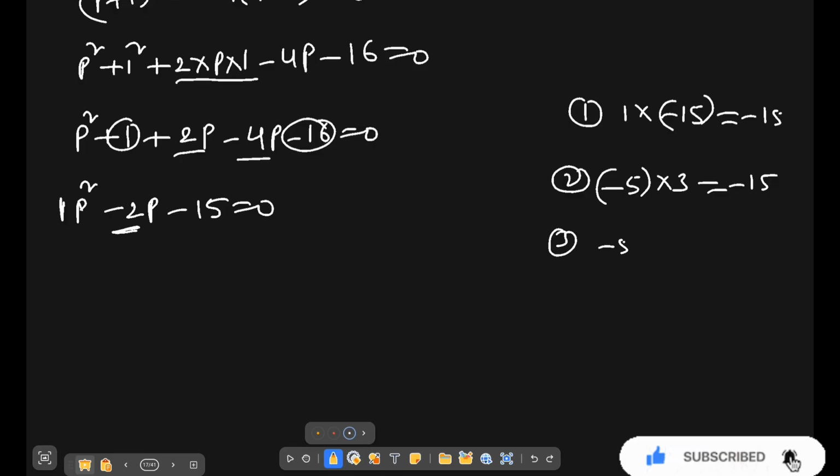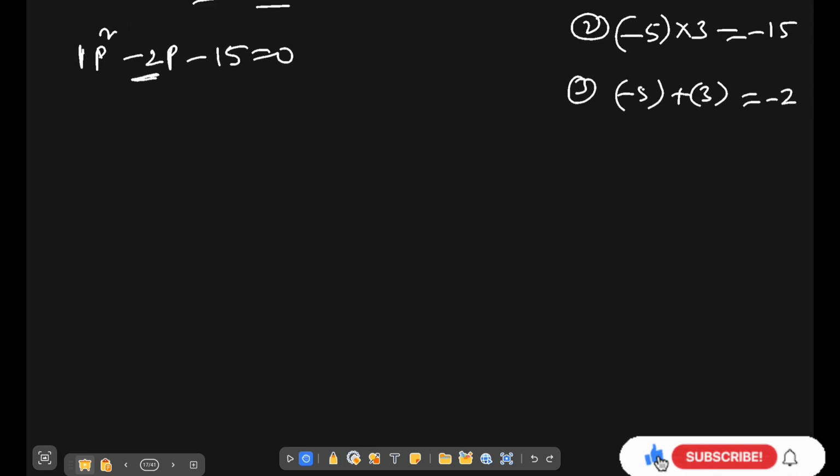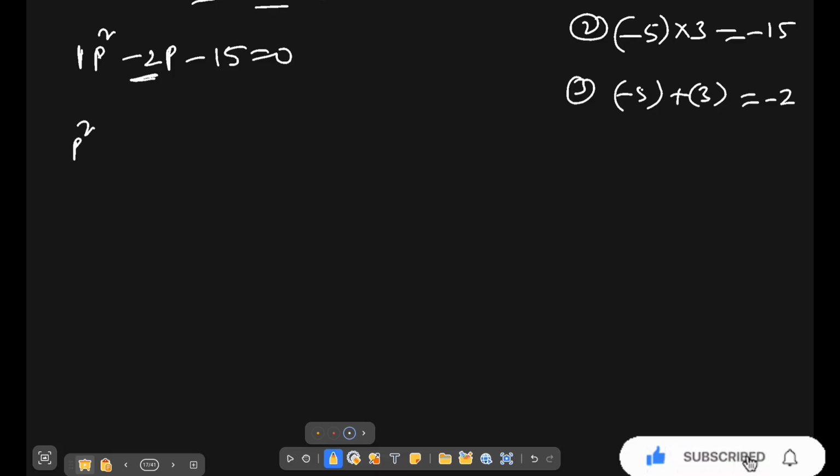Minus 5 plus 3 is equal to minus 2. So let's rewrite the middle term minus 2p as p square minus 5p plus 3p minus 15 equal to 0.